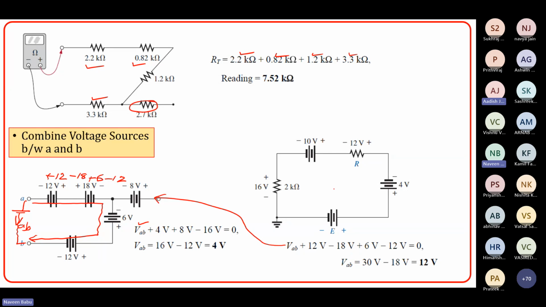Now coming to the next problem, here you have to find out the value of R and the value of E. Again, you travel along this particular closed path. So the equation becomes, traveling like this, minus to plus, it is plus 16, right?